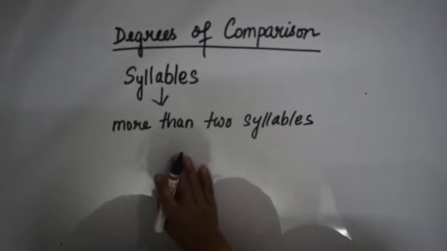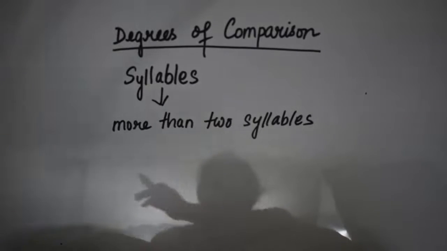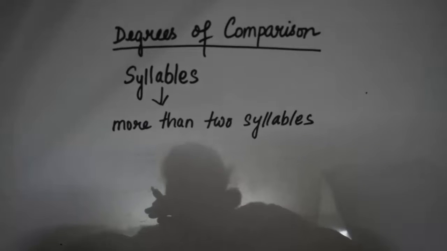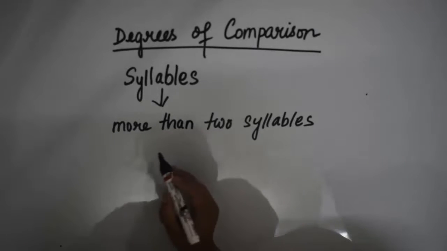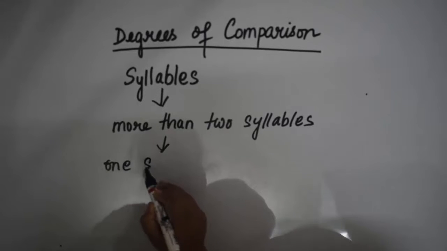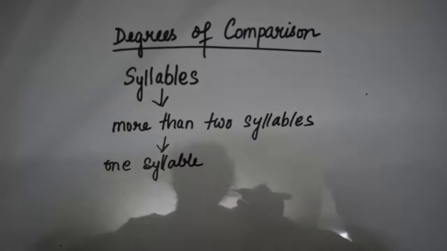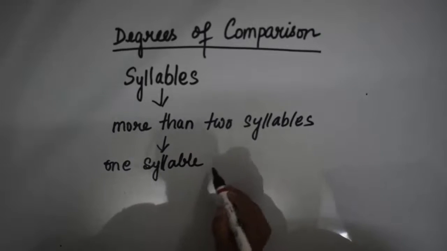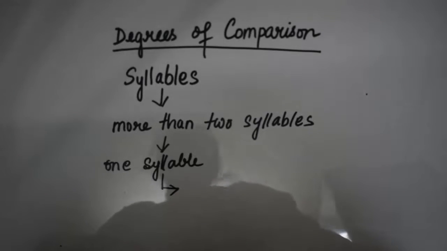What you have to do over there. And I had also told you about words that have 1 syllable, and under 1 syllable I was discussing the rules, right?